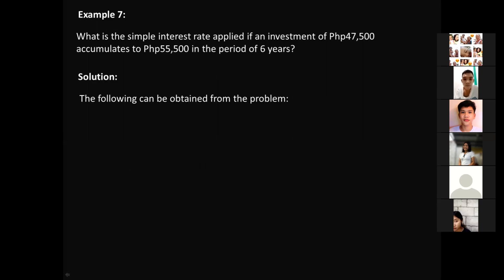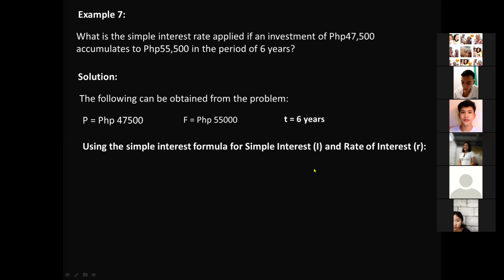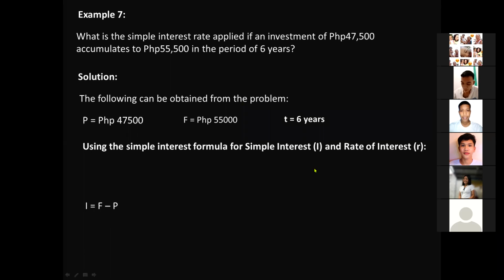So solution. The following can be obtained from the problem. Of course, this is P, the principal. Kasi mas maliit eh. Natural lang, kikita tayo. So 55,500 ang future amount. Ang time natin is 6 years. So pinapahanap is the R. So using the simple interest I, and rate of interest R, I is equals to F minus P. Yung muna ginawa natin, no?